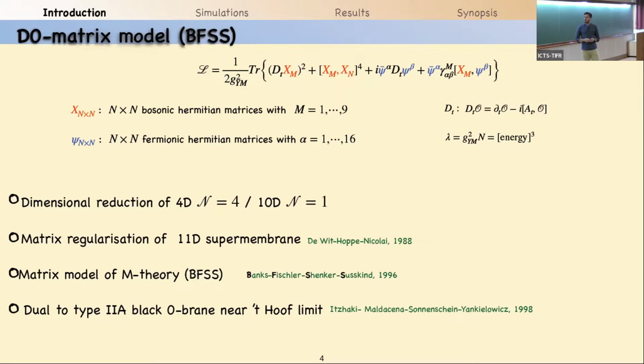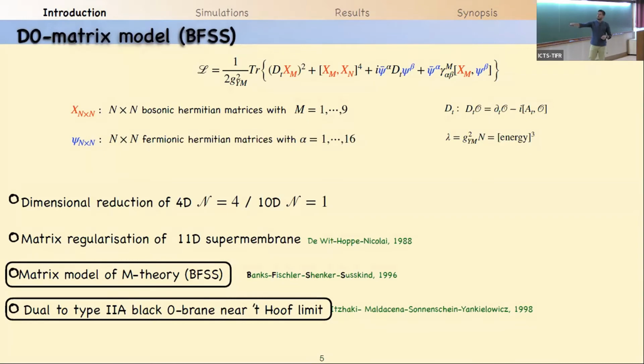And 8 years later, Banks, Fischler, Shenker, and Susskind proposed that this model should be a non-perturbative definition of M theory. It is also dual to a specific geometry, which is known as the black zero brane, which is discussed in this paper here. And today, I'm going to focus on these two parts.